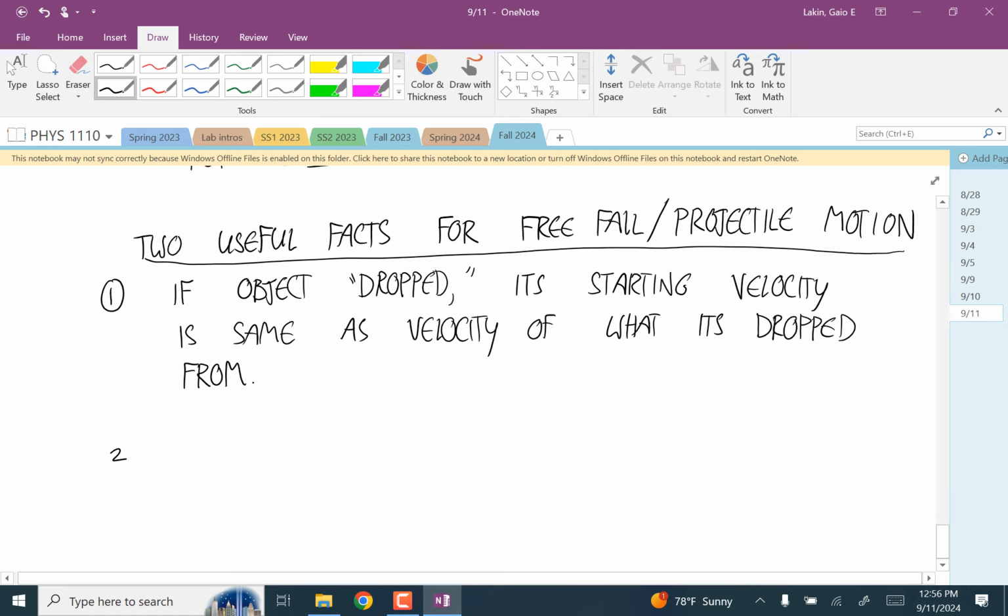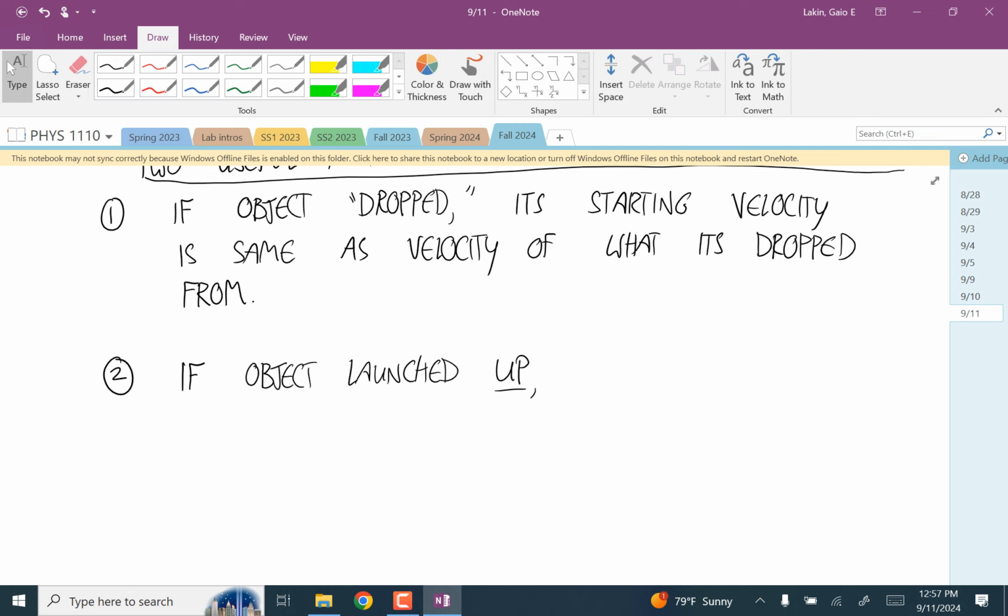The second important fact is, if an object is launched upward, then when it reaches the highest point, its velocity is 0.